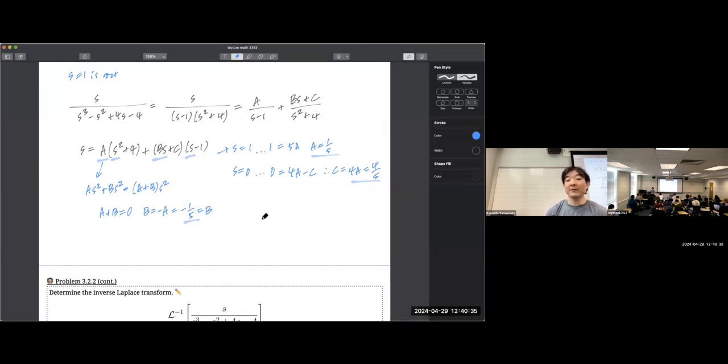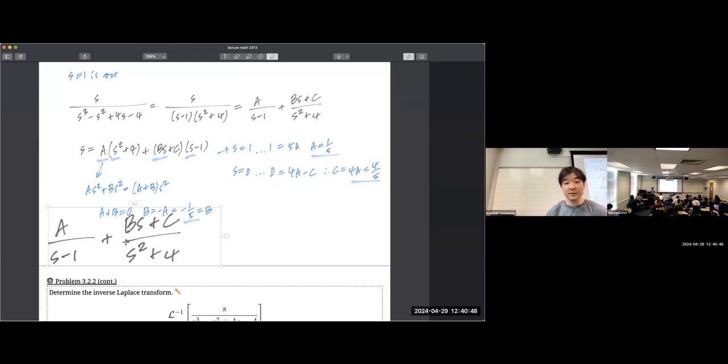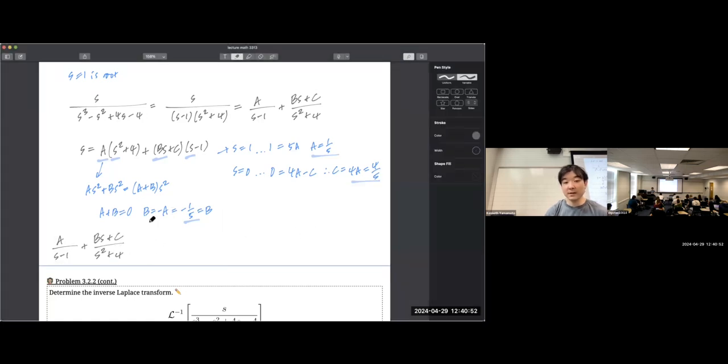And then once you have those, you're good, because you just have to compute. That means I can decompose this into these pieces. The a is 1 over 5 times 1 over s minus 1.